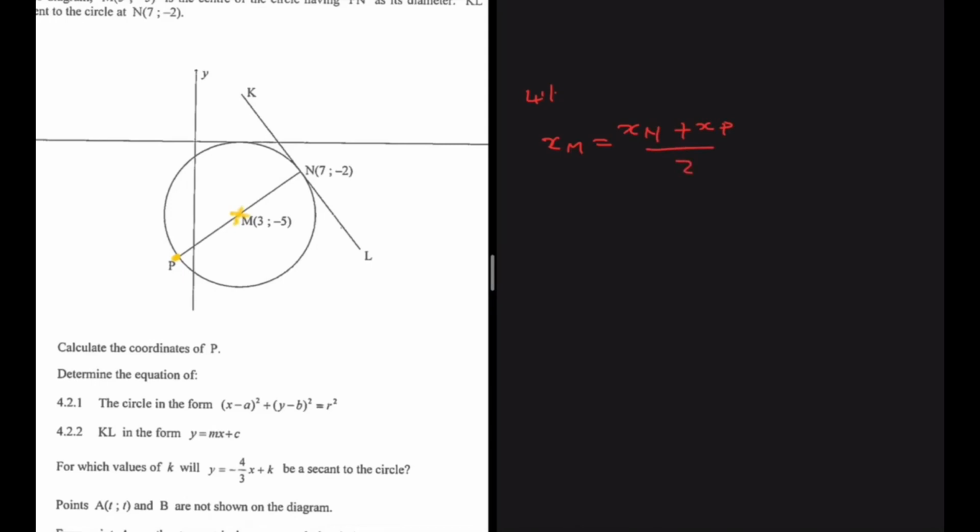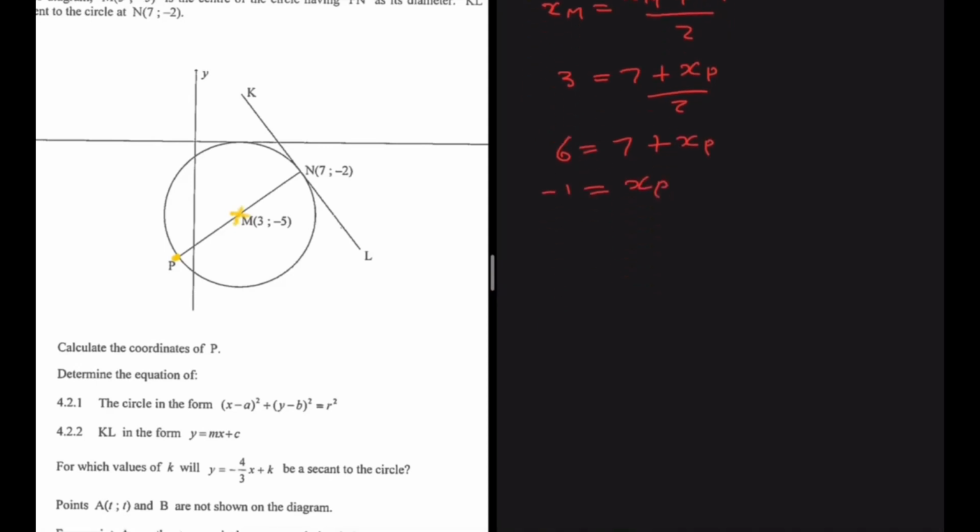That's what we would do. We would be applying the midpoint theorem, right? If we substitute the corresponding values now, we're going to get 3 being equal to x of N, which is 7, plus x of P divided by 2. So if we cross multiply here, we're going to get 6 being equal to 7 plus x of P. So minus 1 is equal to x of P, right?